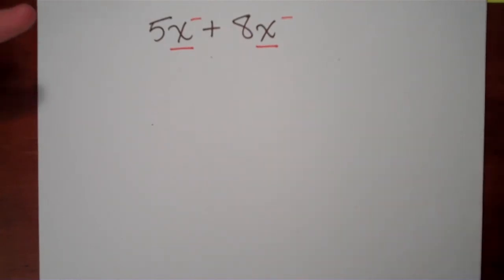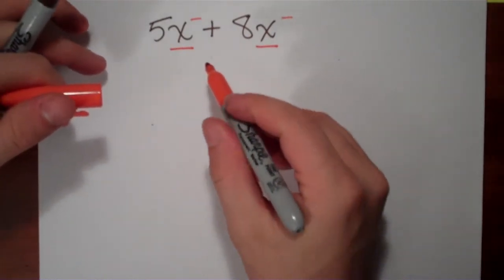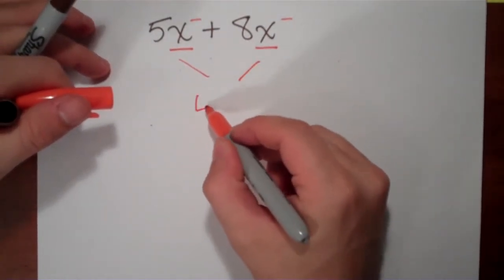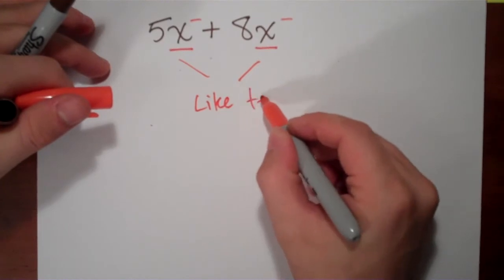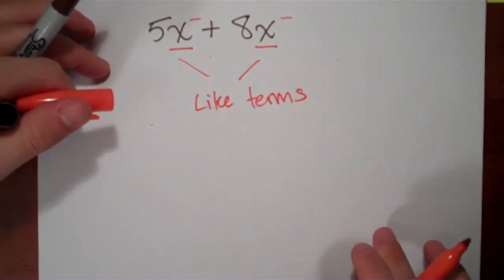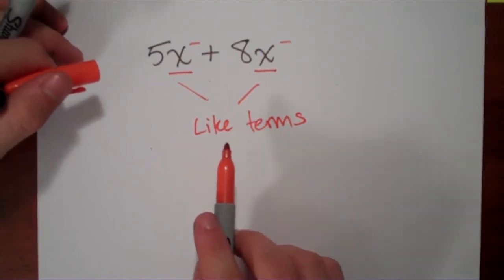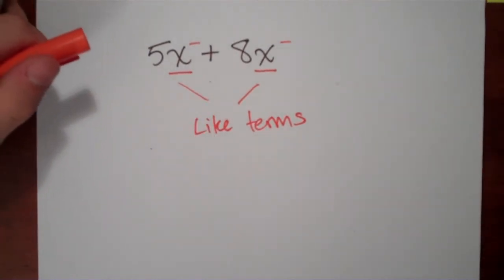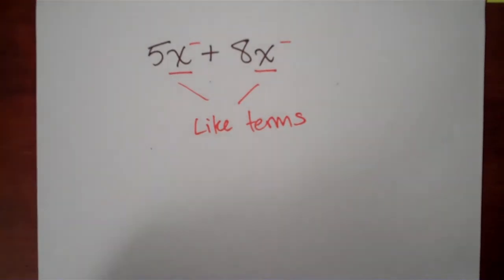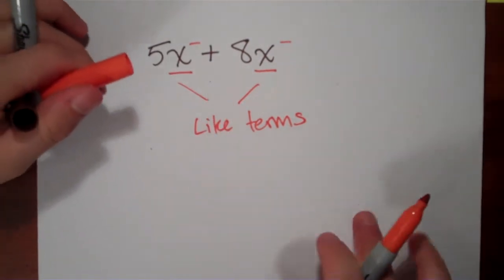X times 1, x by itself. So therefore, these terms are like terms. And in an algebraic expression, because these are like terms, we can add these together.